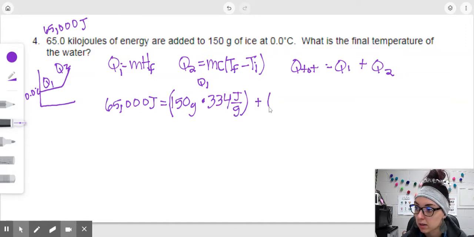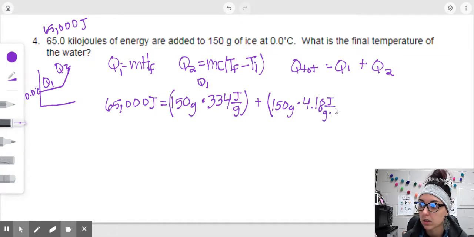Plus, your Q2 is going to be M, 150 grams again, times C, where we talked about this. This is liquid water because the ice has melted. So 4.18 times delta T. So T final, that's what we're solving for, minus T initial from our graph here, 0 degrees Celsius.